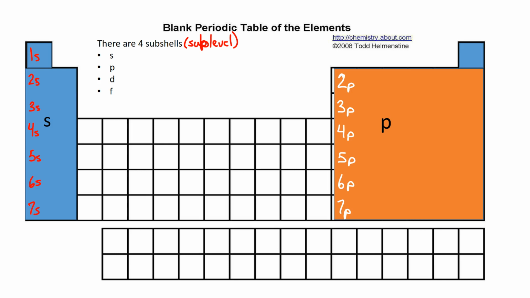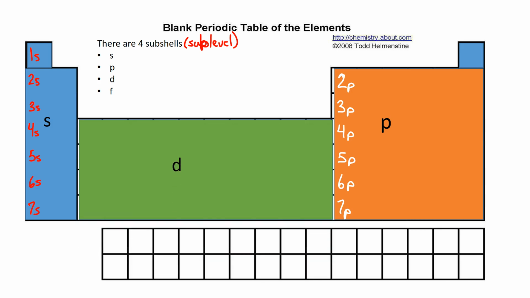All right. Now, the next sublevel is called the D sublevel. D is going to be quantum level n minus 1. So it's always going to be 1 less than the row it's on.